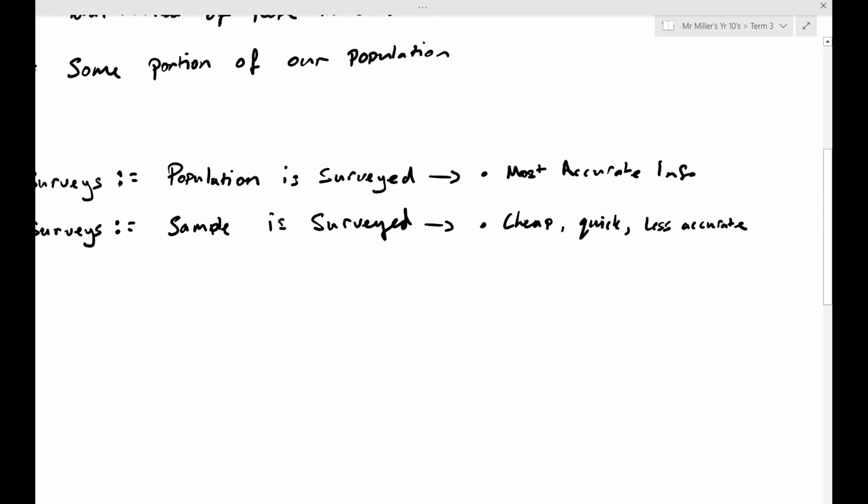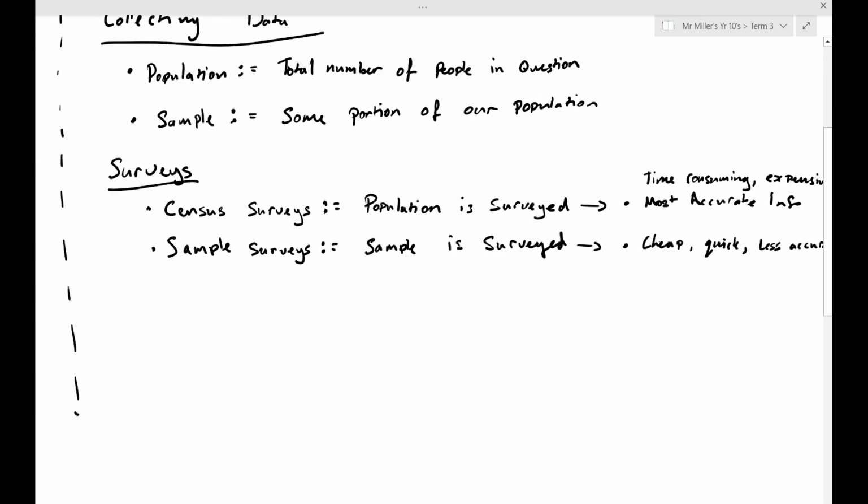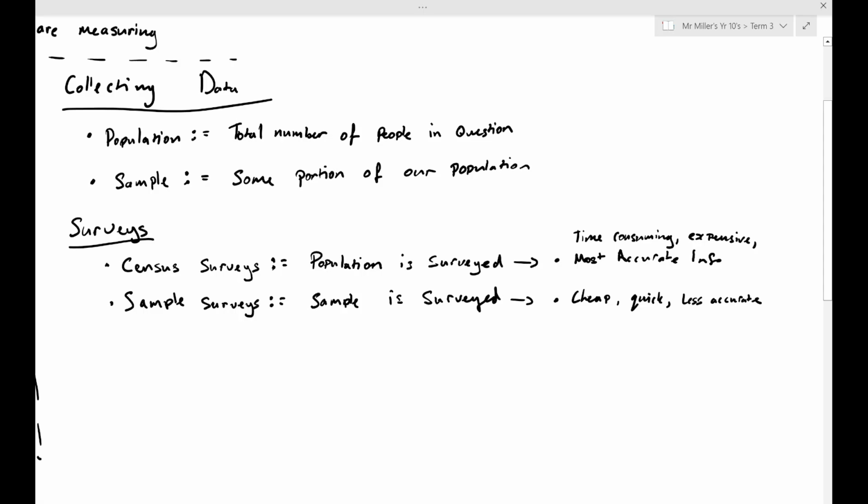The census as well is going to be time consuming and expensive, right? So there's pros and cons to using either of these types of surveys, and it's up to us, if we're collecting data, to decide, should we survey the population or should we just survey a sample?